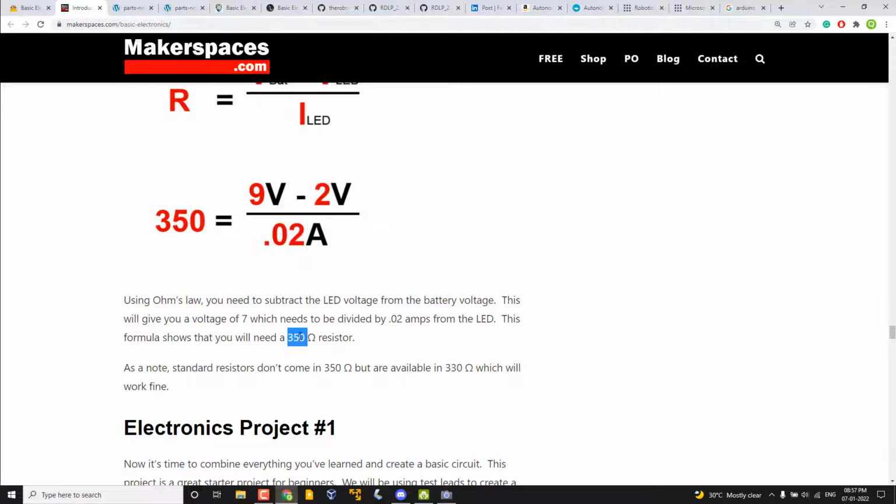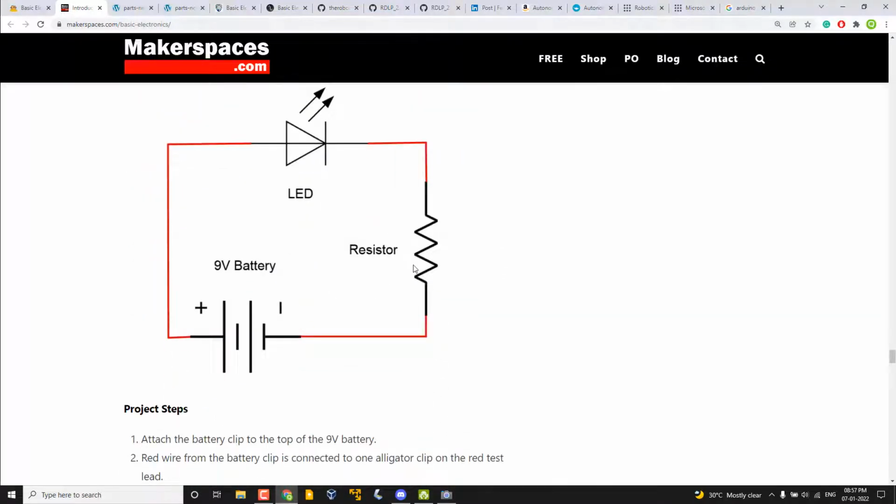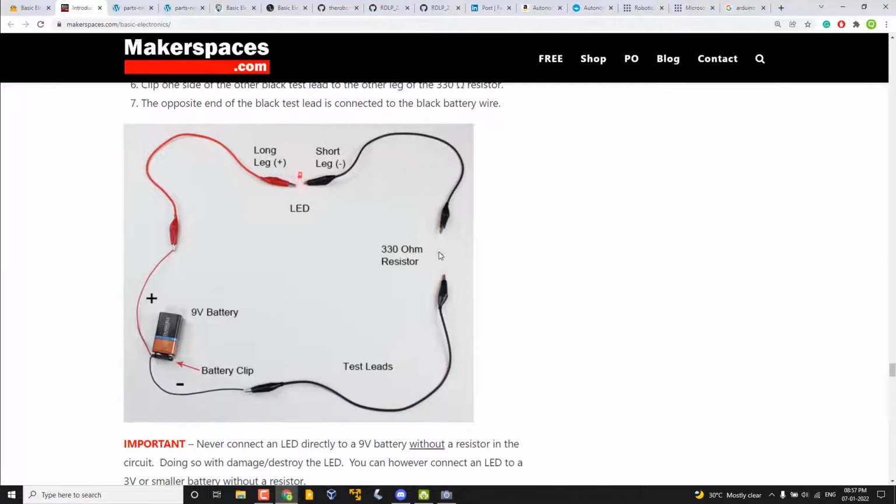That will be safe, but 330 will be fine. I would say 360, and you can find plus or minus 20 or so. In this case 330 is fine, so we can put a 330 ohm resistor like this.